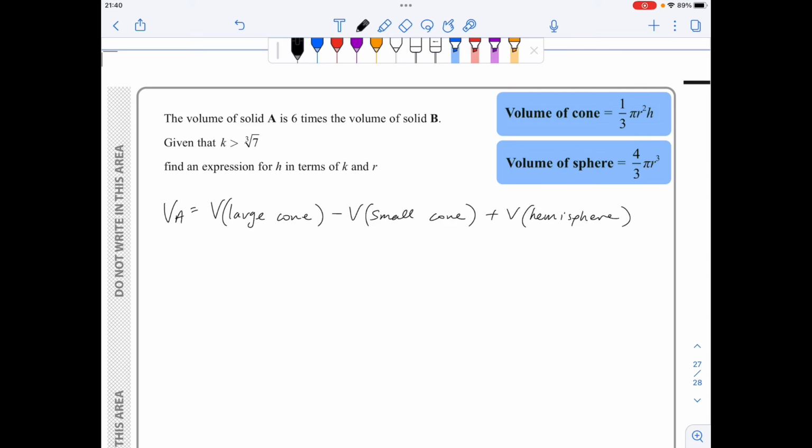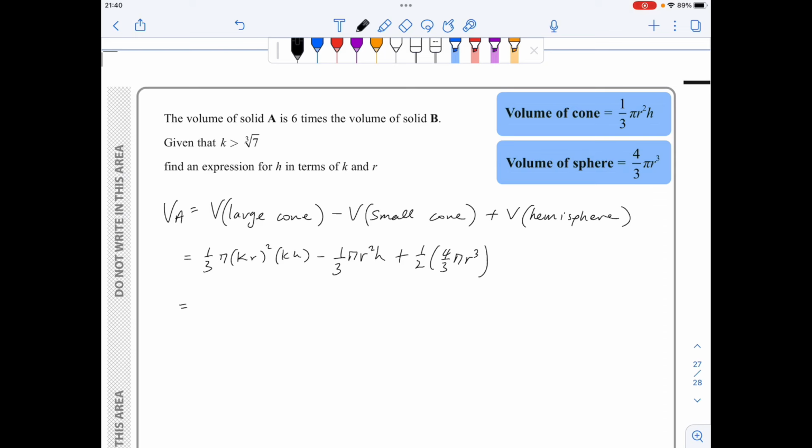The radius of the large cone is kr and the height is kh, so its volume is 1 over 3 pi (kr) all squared times kh, minus the volume of the small cone, which has radius r and height h, so 1 over 3 pi r squared h, plus the volume of a hemisphere, so 1 over 2 times 4 over 3 pi r to the power of 3.